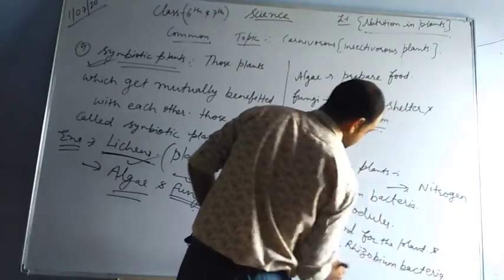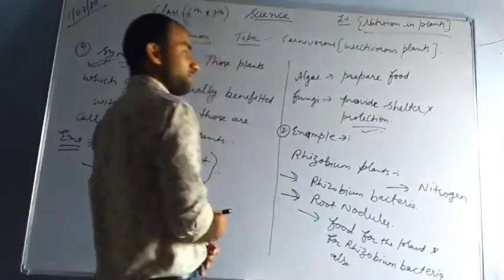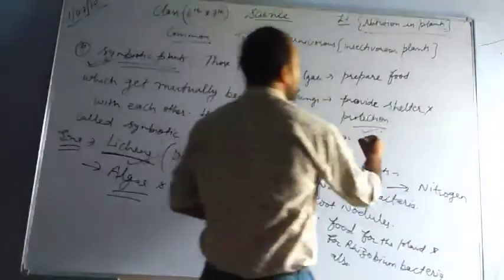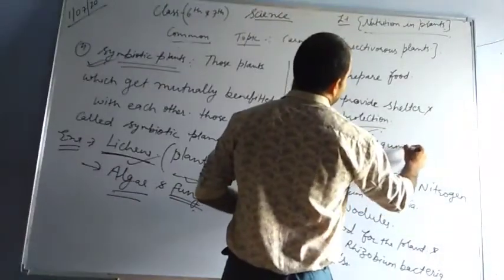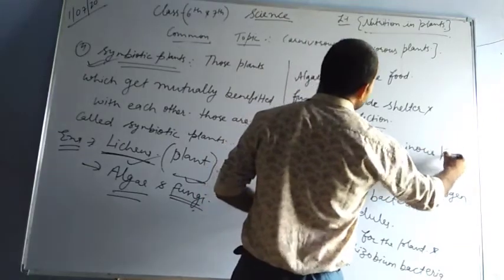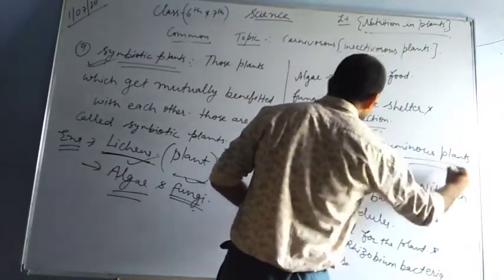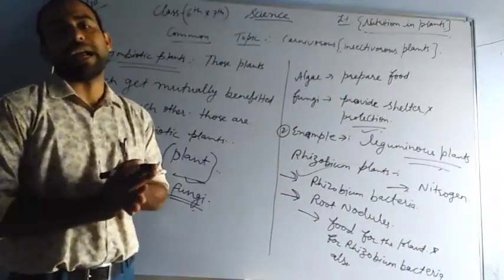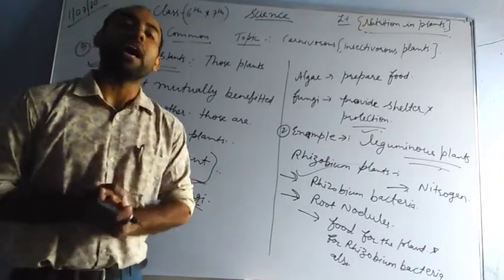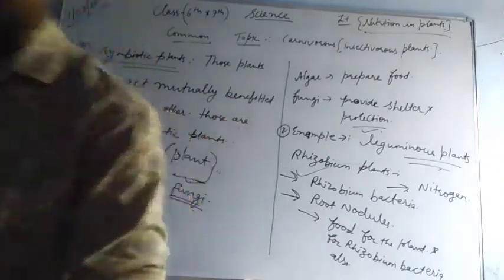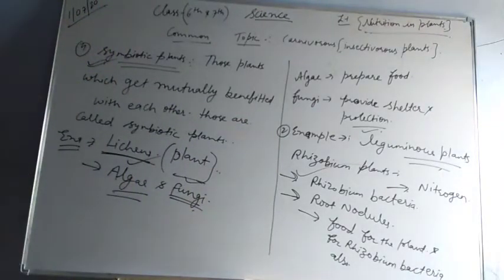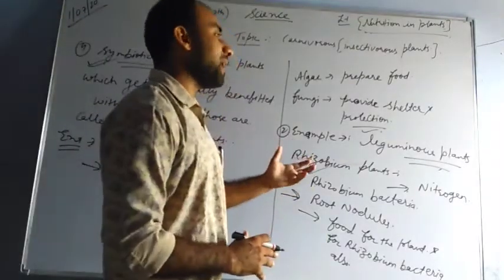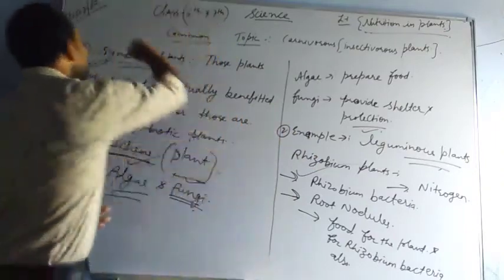Rhizobium plants are actually called leguminous plants. All the leguminous plants, for example the plants of the pulses, come under this category. Let me tell you once again that all the leguminous plants come under the category of symbiotic plants.